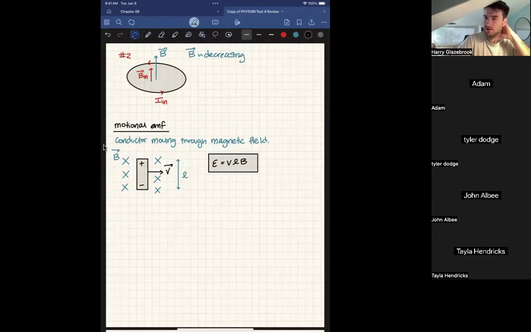Does that ring a bell for anyone? Like inductor resistor circuits, transformers, I'll definitely go over transformers. RL sounds familiar. Okay, so you're kind of learning it last minute, like today.